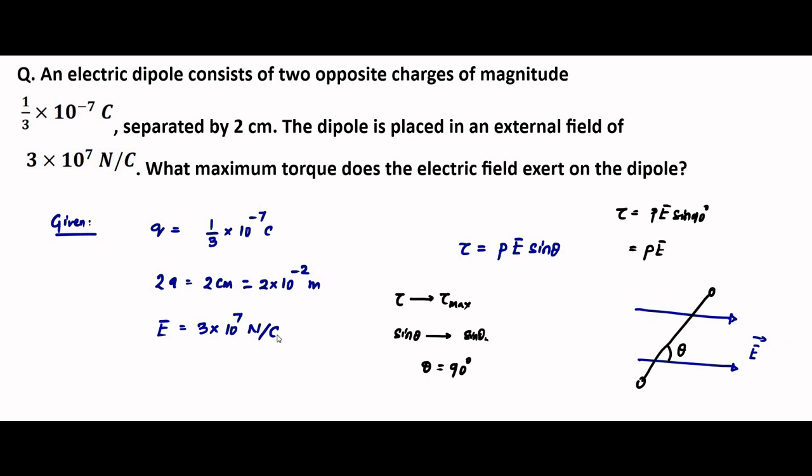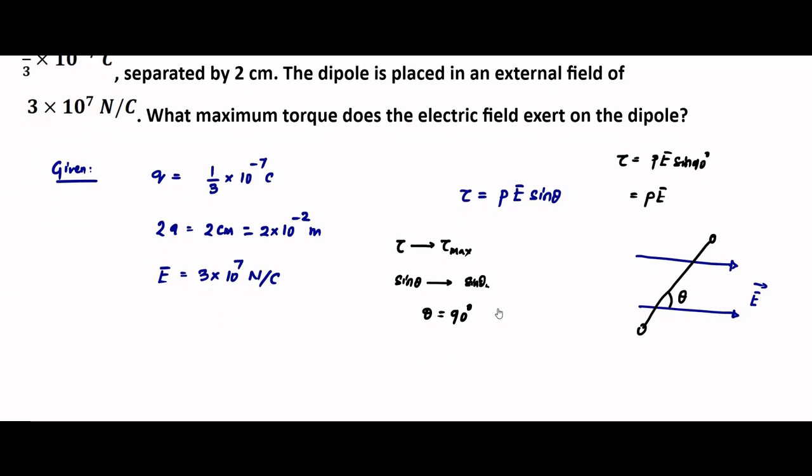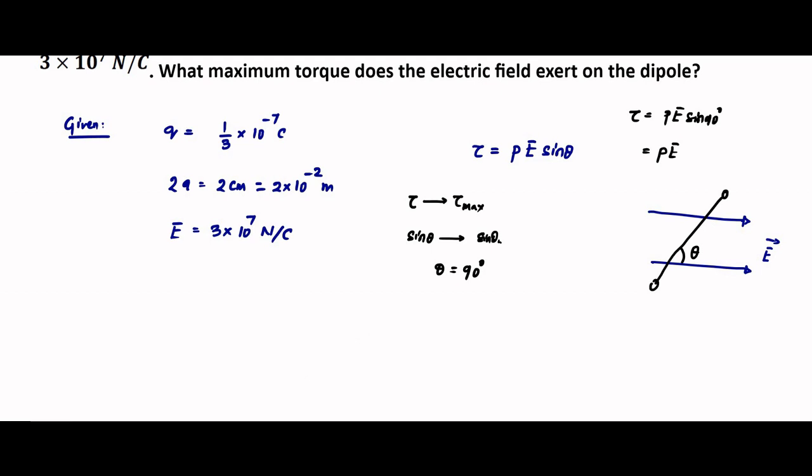Now P is the dipole moment. Dipole moment P is equal to Q, either charge, into the dipole length, the separation distance, that is equal to 1 by 3 into 10 to the power minus 7 into 2 into 10 to the power minus 2.